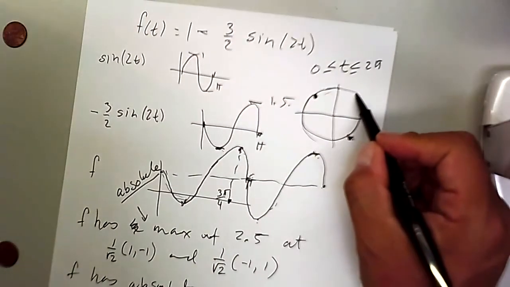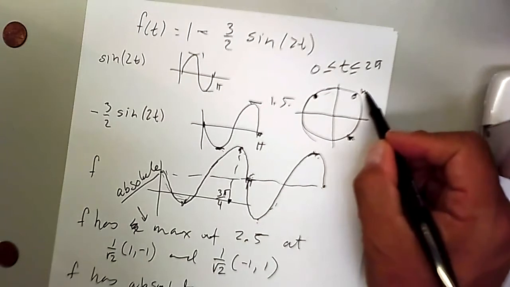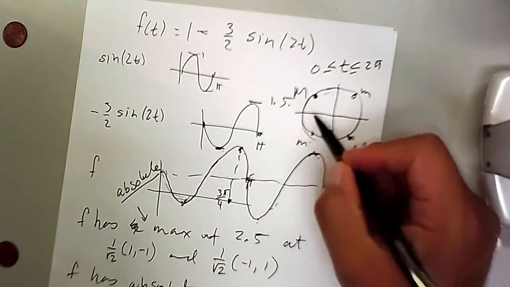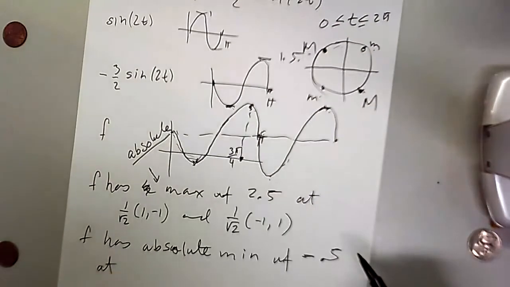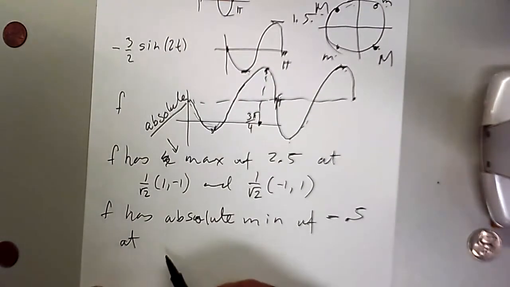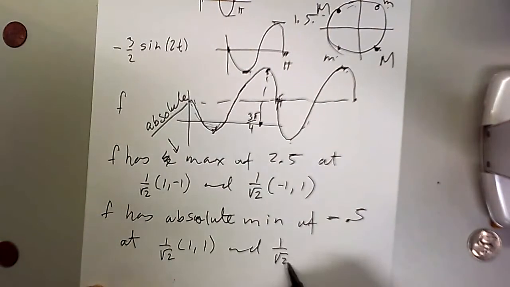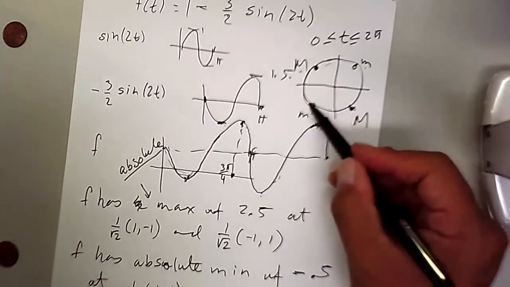So that happens there, the minimum. This is the maximum, minimum, maximum, capital, lowercase, at 1 over the square root of 2, 1, 1, and 1 over the square root of 2, -1, -1, which is this way and that way.